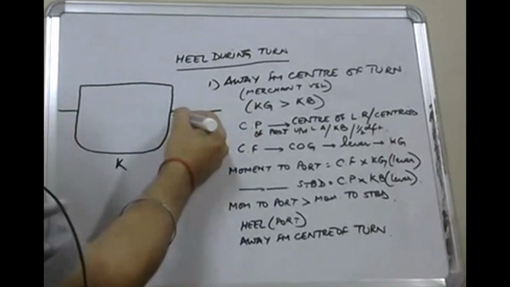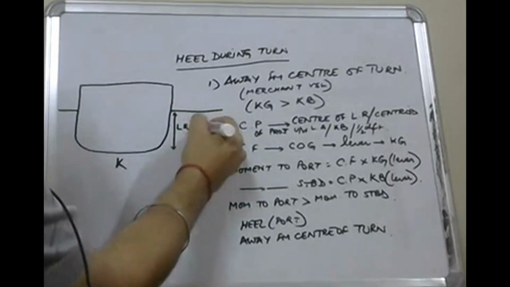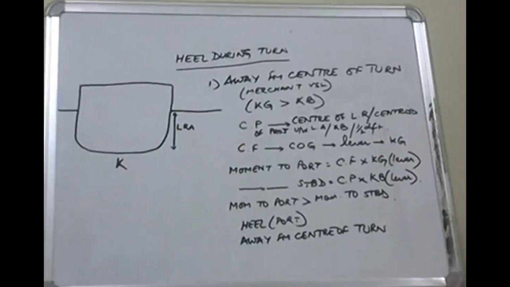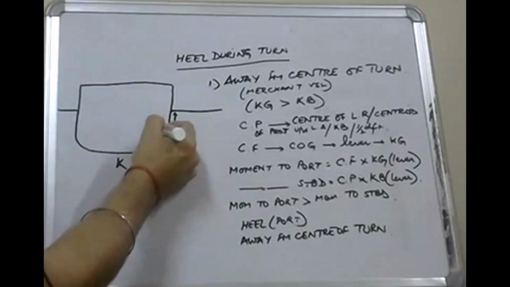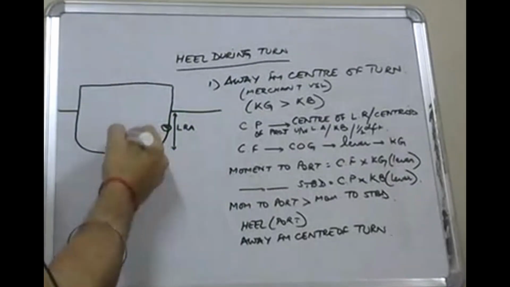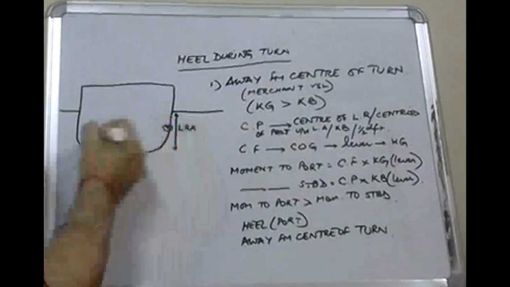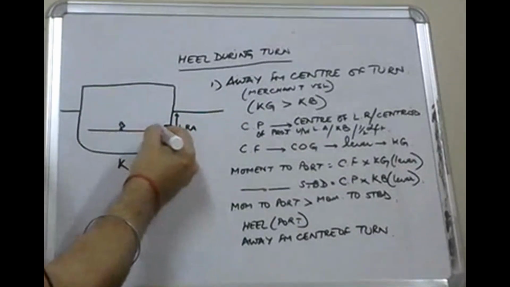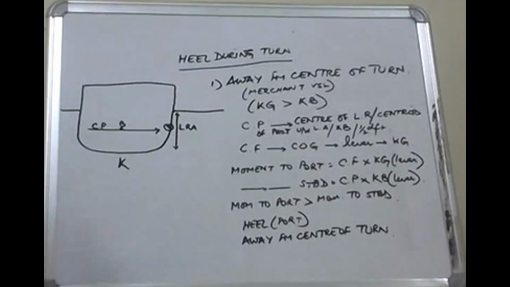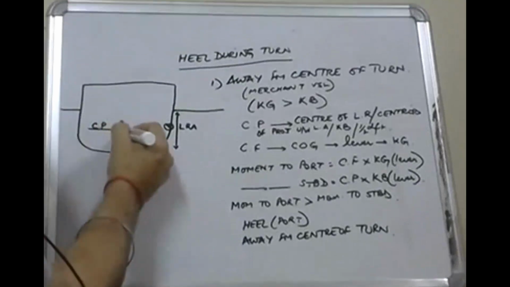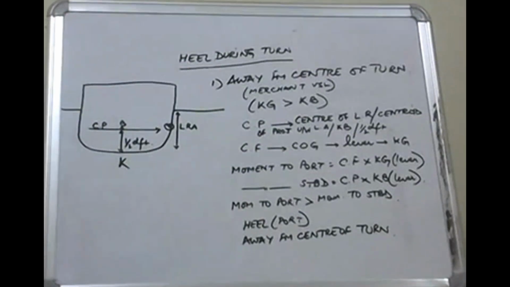ये मेरा लेटरल रेजिस्टेंस एरिया है। इसका जो सेंटर है वो कुछ यहां पे होगा, और ये जो होगा ये केबी की हाइट पे होगा। तो therefore the lever, one can say that the centripetal force is acting through KB, and KB is nothing but half the draft approximately.